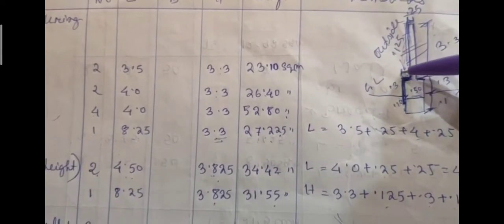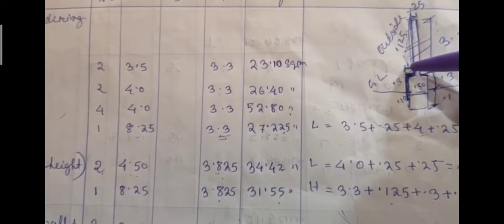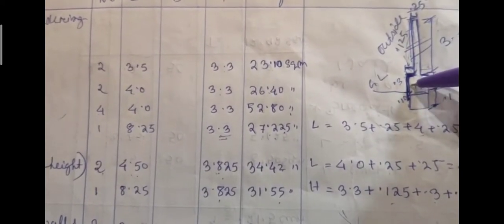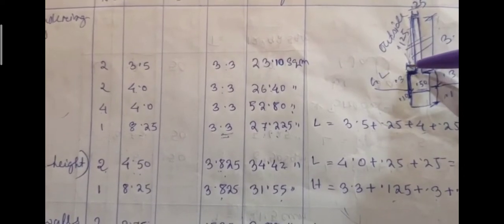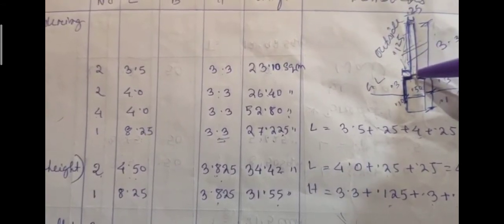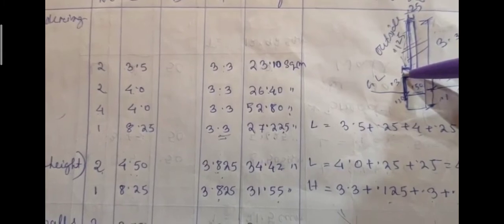So this is 0.25. This is 0.5, then this is how much? And this is how much? This is 0.125. This is 0.125. 0.125 plus 0.25, again 0.125, ultimately 0.5. So from here to here is 3.3, from here to here is 0.125.